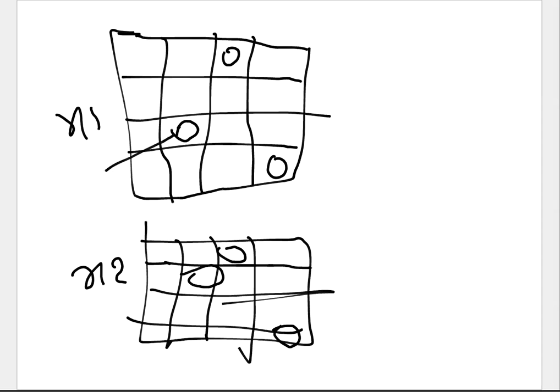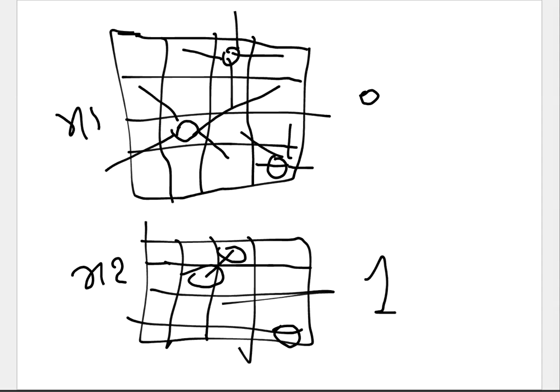This value doesn't attack here. This value doesn't attack. This value doesn't attack. So this attack is 0. But here we have 1 attack. It is 1.